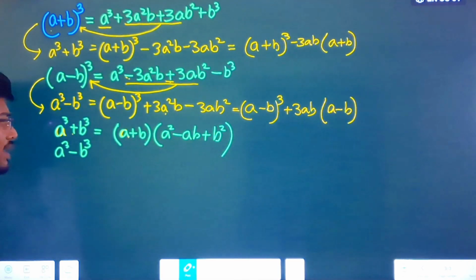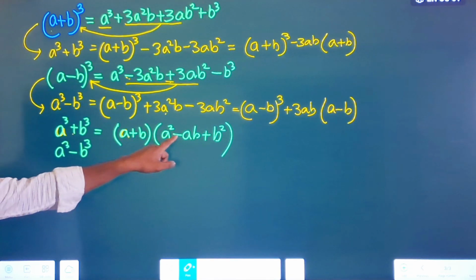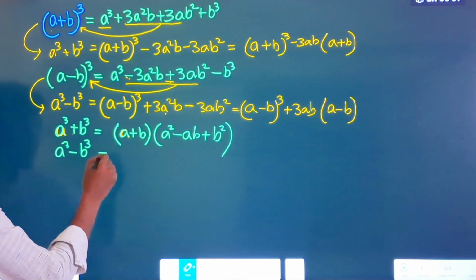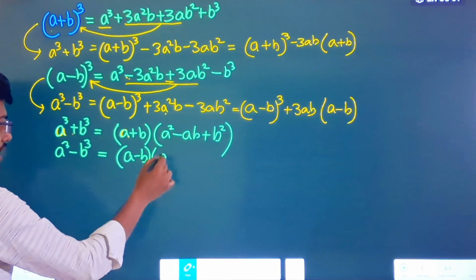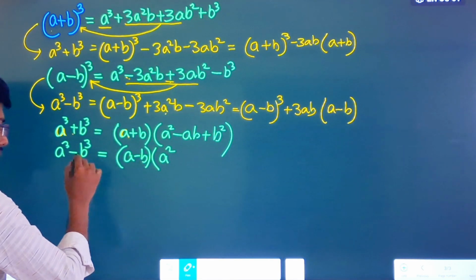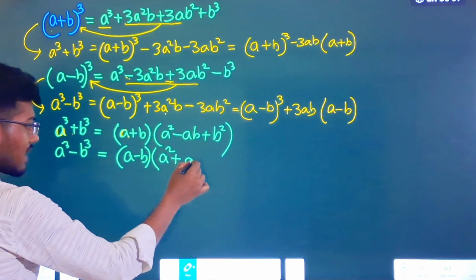You have to remember one thing, here it is plus, so the first is plus, and then it is minus. So what is the next formula? a^3 - b^3 is (a - b)(a^2 + ab + b^2), since it is minus, so obviously the middle is the plus sign.